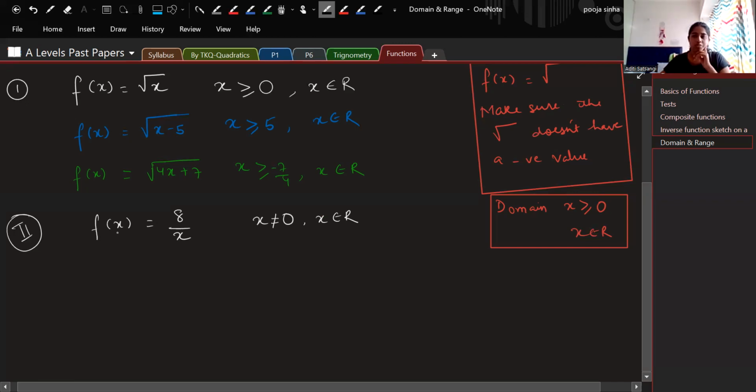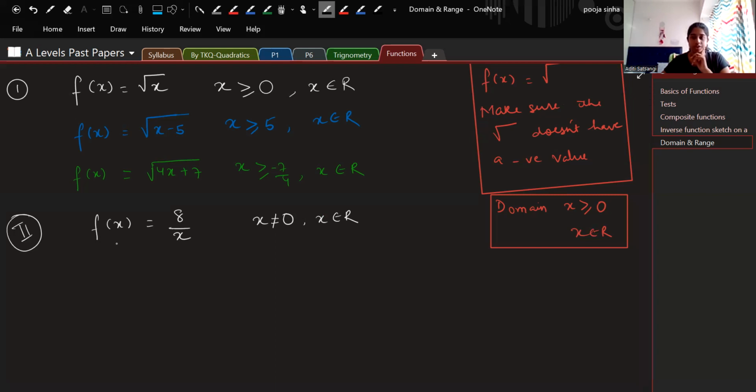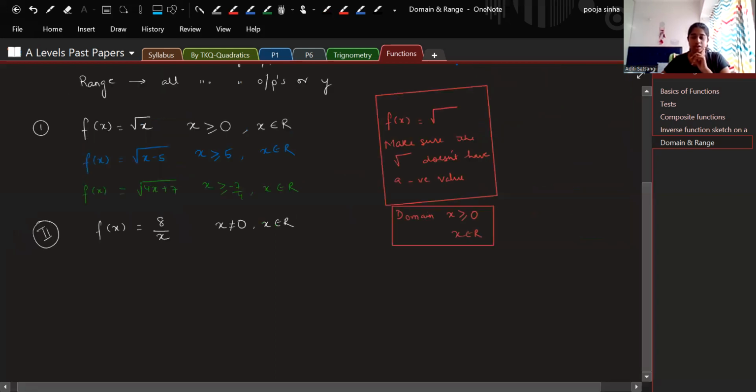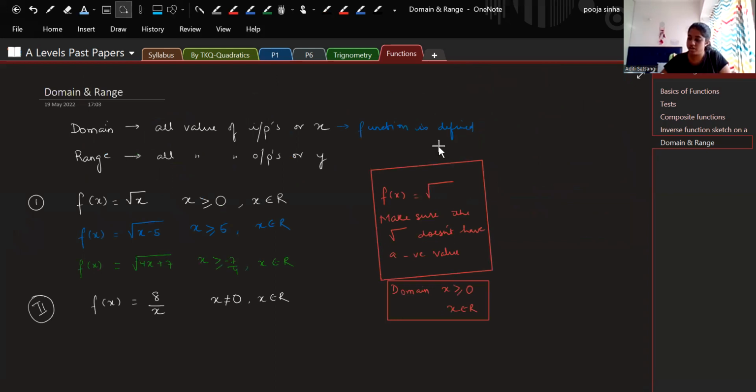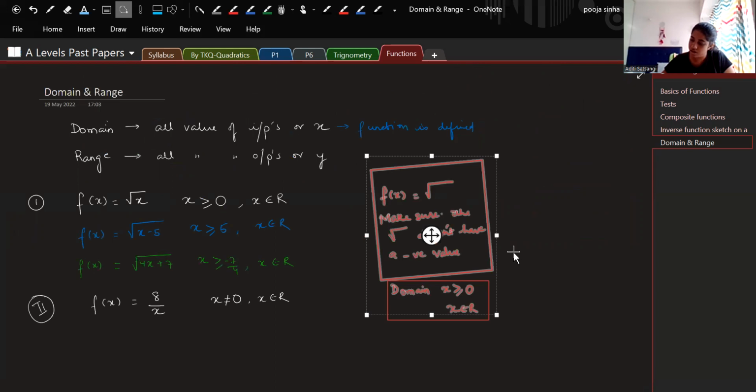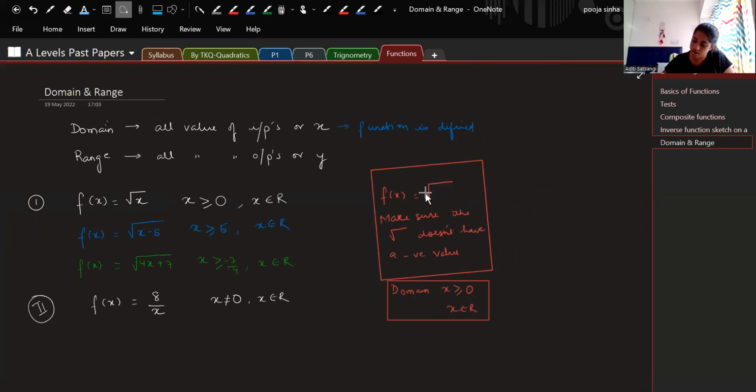The numerator can be 0, that's not a problem, you just get 0 as the answer. But the denominator being 0 means that it will be undefined. That should not happen. Okay?